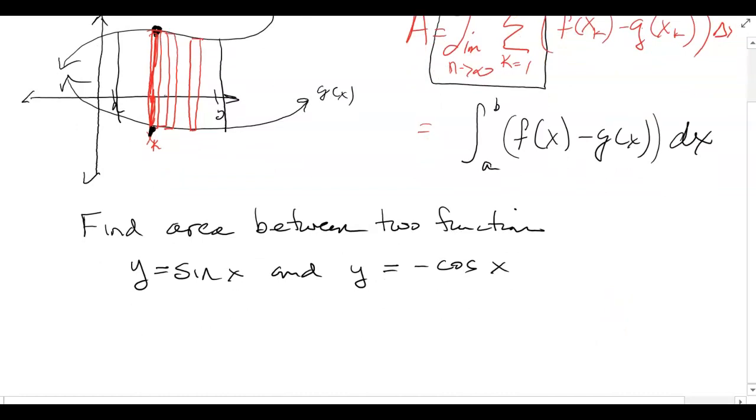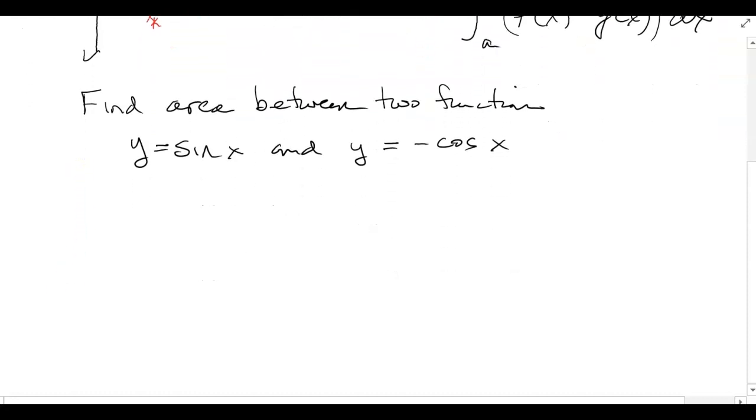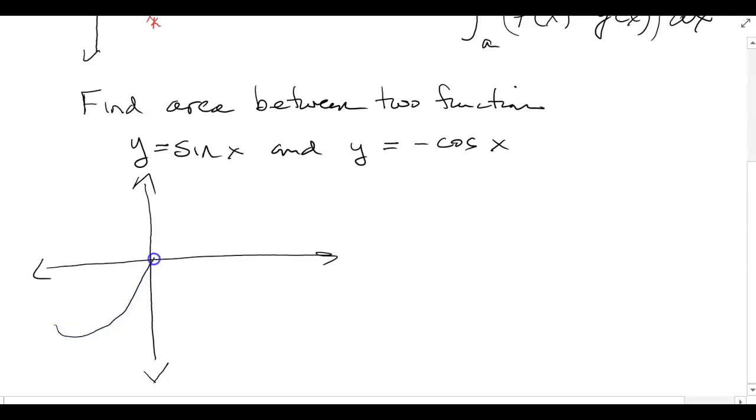The best thing to do first, of course, is to sketch your functions. So let's do a quick little sketch of sine of x and cosine of x. Sine of x, of course, is going to go through the origin, come back around, and it looks something like that.